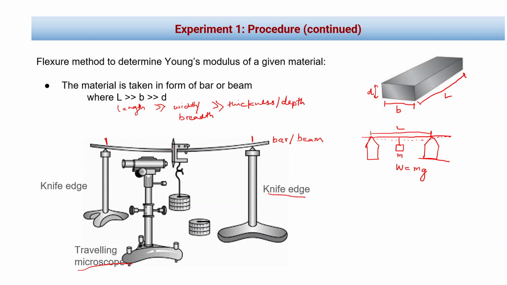Like we had seen in vernier scales and screw gauge, there will be some scaling on this particular object that we have hung here, and based on that we'll take a reading. Initially we take some reading, and after hanging there will be some depression or bending, so the mark will move down, and then we'll move our microscope down and take the reading accordingly.